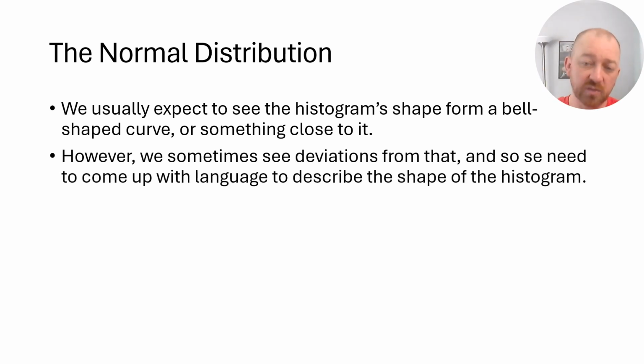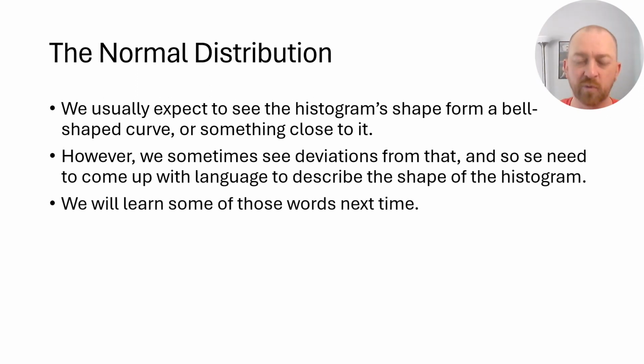So now, because we're usually looking for a normal distribution, we also need to come up with terms that tell us when it deviates from normal. We need to start to understand what's going on with the numbers that are underlying that data. And so that's the kind of thing that we're going to do next time. We're going to make these lectures very brief so that we can just pinpoint these principles. Okay, so we'll cover some of the terms that describe a deviation from normal distribution next time.